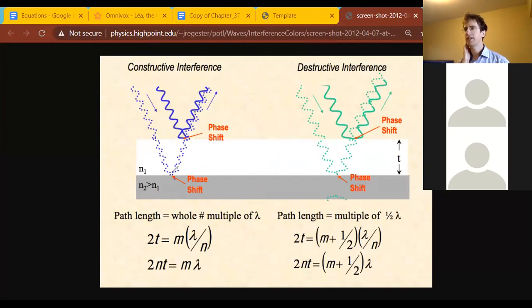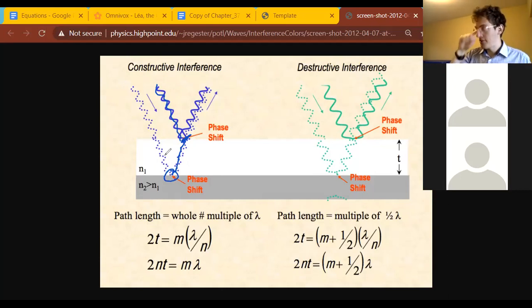This ray coming out of the second medium gets reflected out of phase, but the ray that hits the first medium also gets reflected out of phase. So if they both get reflected out of phase, they're in phase relative to each other.